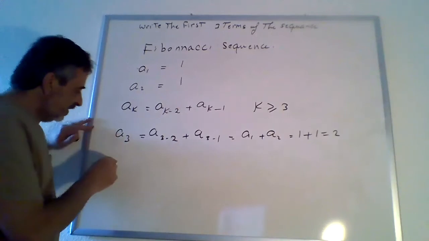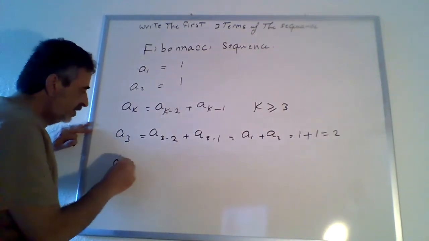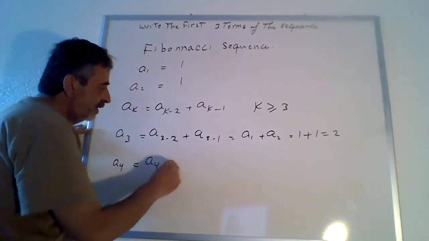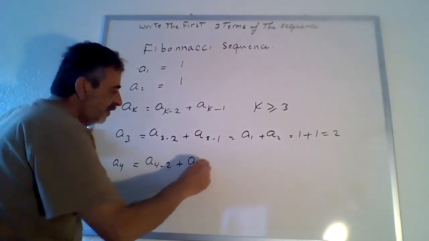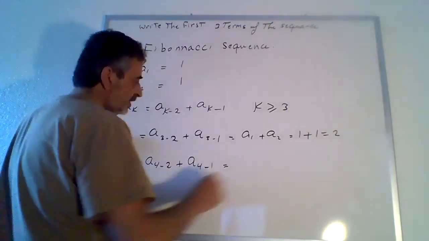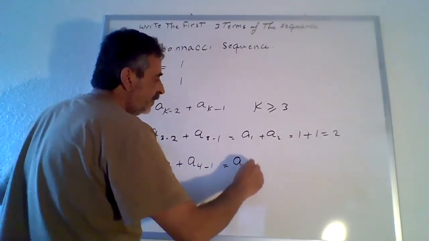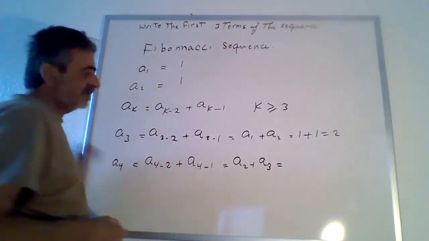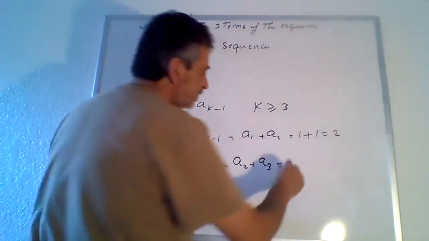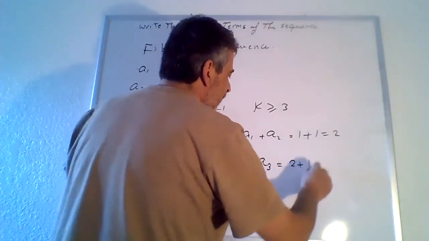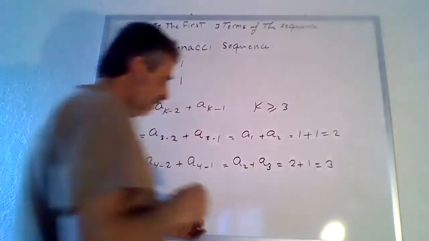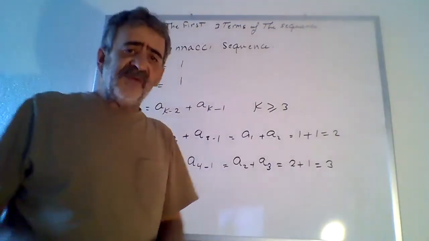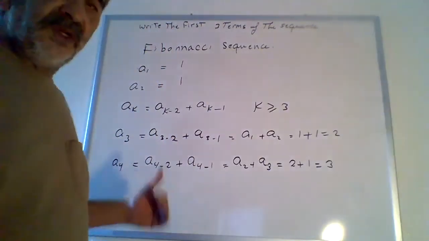Now, if I'm interested in A4, that's going to be A(4 minus 2) plus A(4 minus 1), which is A2 plus A3. A2 is 1 and A3 we already know is 2, so 1 plus 2, which is 3. So in order to figure out the next term of the Fibonacci sequence, you have to know the two terms before.